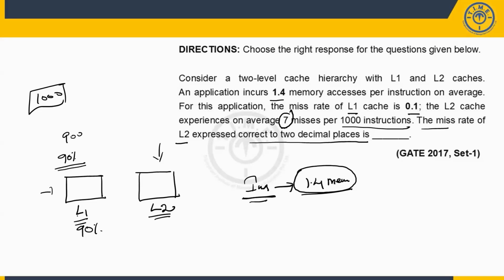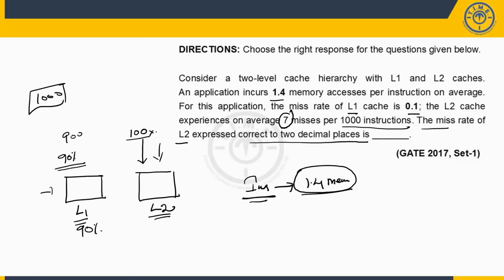Only for the remaining 100 instructions are you going to access L2. For 100 instructions, you're going to get 7 misses. But for one instruction, how many times will memory be accessed? For one instruction, 1.4 times memory will be accessed.